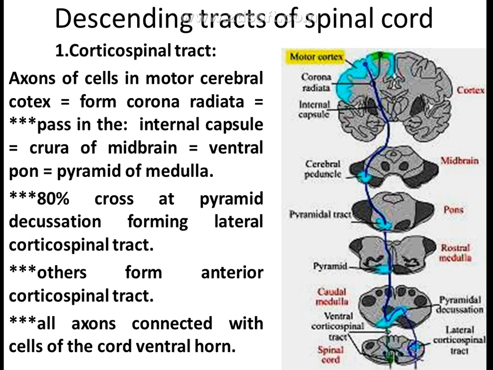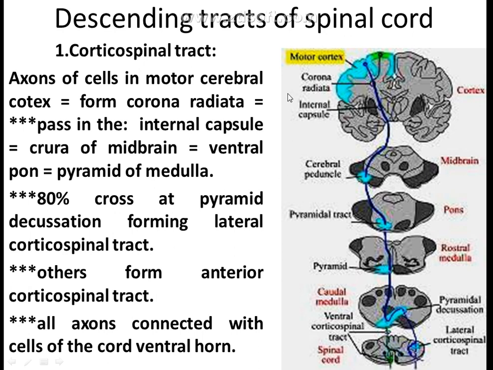But in the next lecture we will talk also about the spinal cord, but we will talk about the white matter of the spinal cord. Before, we said that the white matter of the spinal cord contains either motor fibers descending from the brain down in the white matter, or sensory fibers ascending from below up, carrying sensation to the brain.